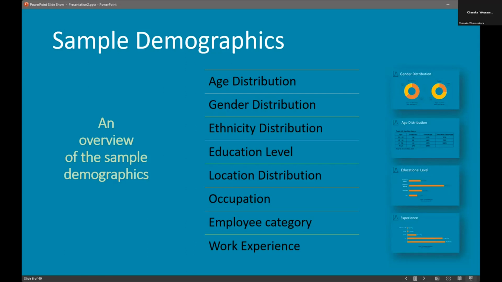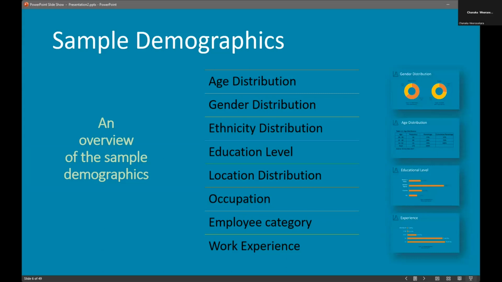Therefore we need to present this data to assess how representative the sample is of the broader population, right? As I mentioned, this is important for the sake of generalizability. You know exactly what I'm talking about, so that we can generalize to the total population, so that our findings would be more valid and accurate.